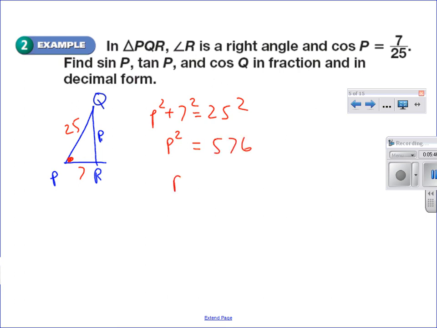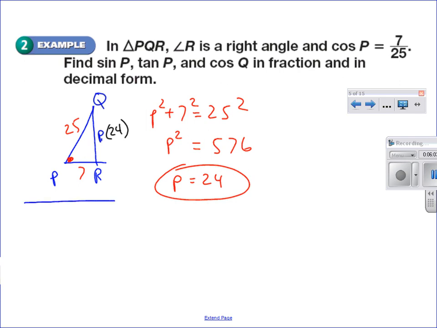So take the square root, and p is 24. Hopefully you vaguely remember that from geometry last year. That's a Pythagorean triple, meaning that all three numbers are whole.